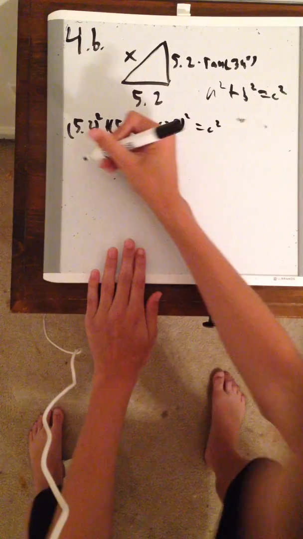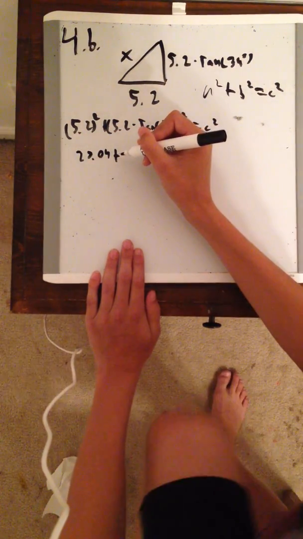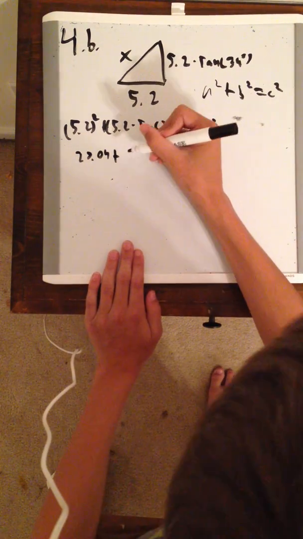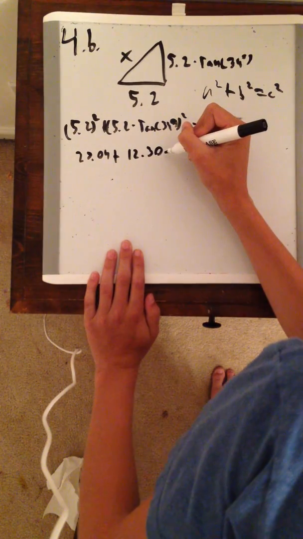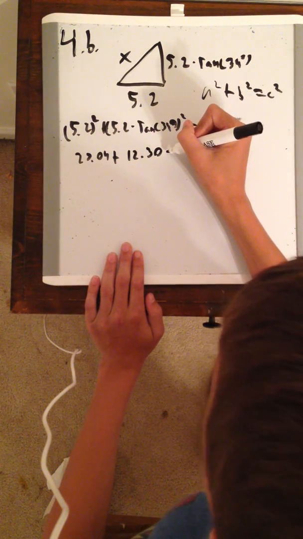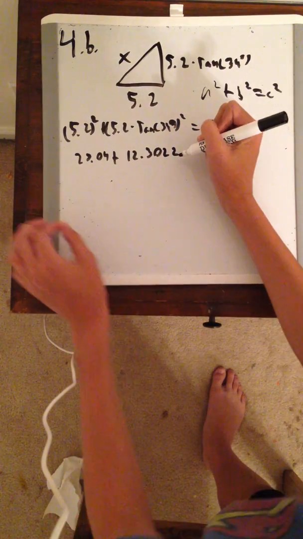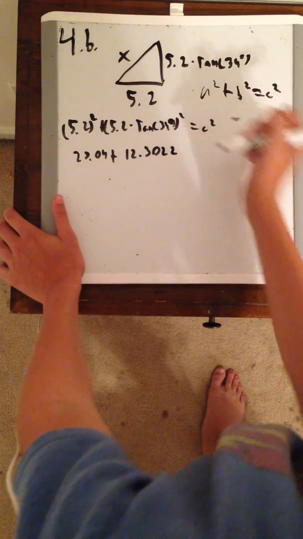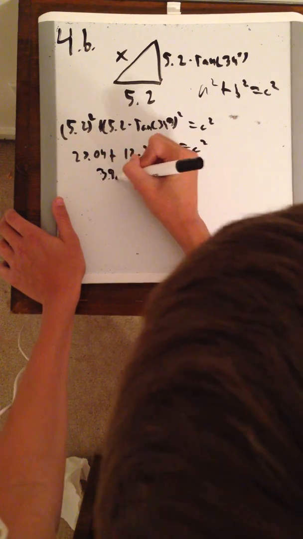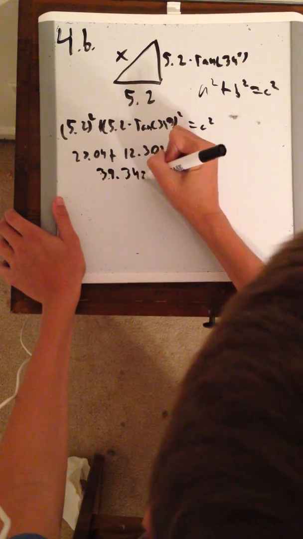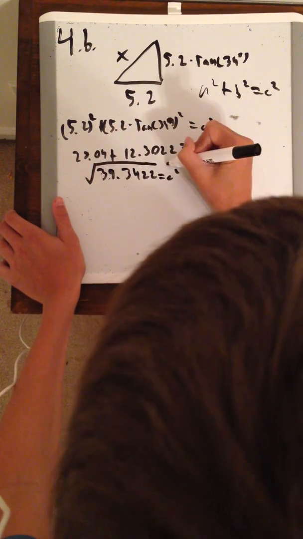So 5.2 squared comes out to be 27.04, and 5.2 times tangent of 34 comes out to be 12.302, and that will end up being equals c squared, and that will end up being 39.3422 equals c squared.